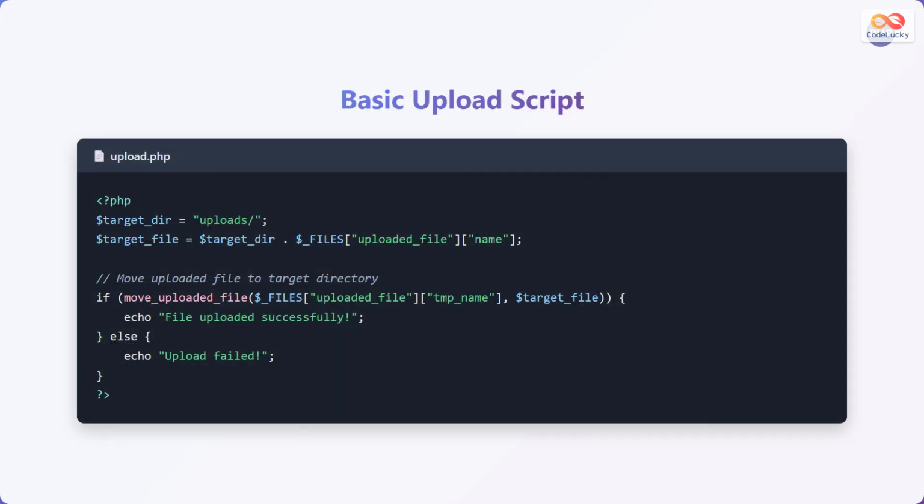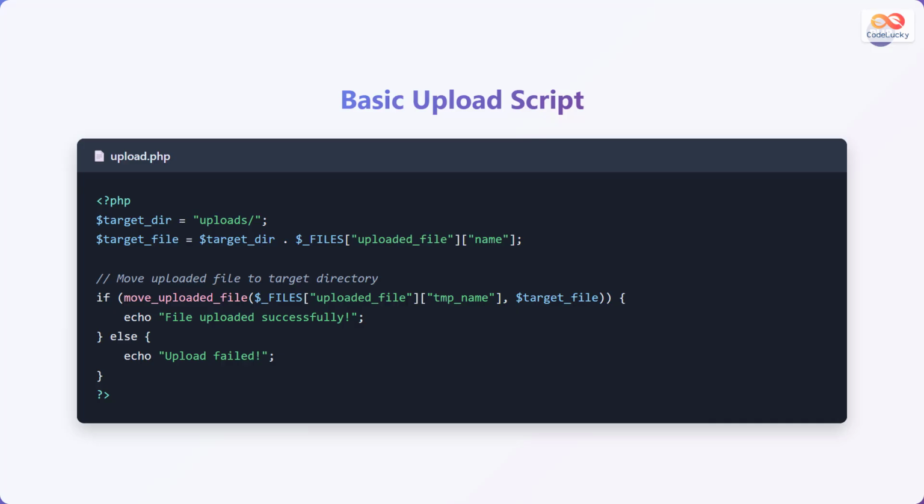Here's a basic PHP script to handle file uploads. The script begins by defining the target directory, which is upload/, where uploaded files will be stored. Next, it constructs the full path to the target file by appending the uploaded file's name to the target directory. The core function used for handling file uploads in PHP is move_uploaded_file.